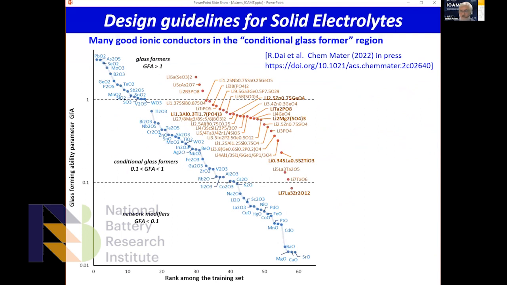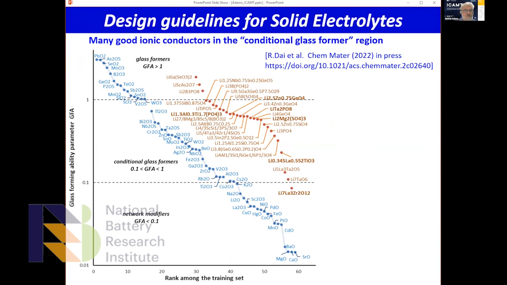When we want to find better solid electrolytes, we can also look at rather generic guidelines. So when we look here at all different oxides, we said we want to stay in the oxide range for higher stability. Then you can compare how good a glass former this particular oxide would be. A very traditional approach.